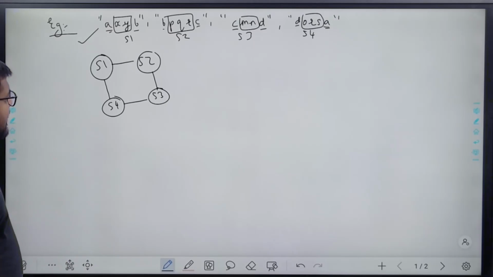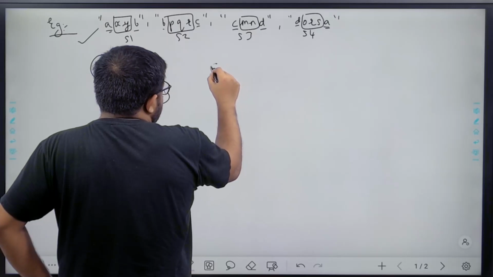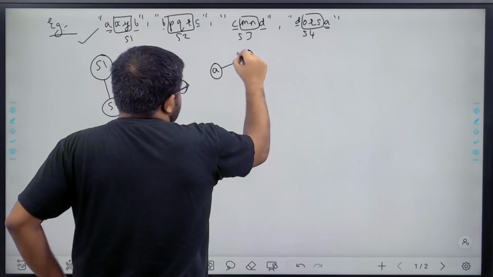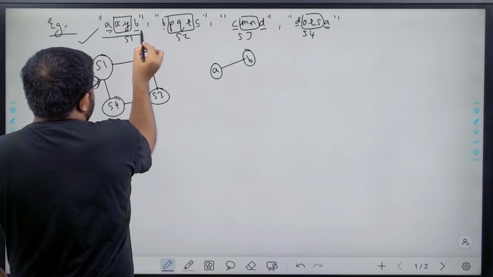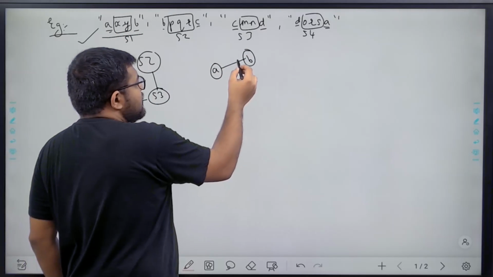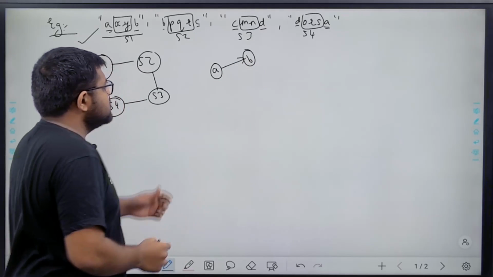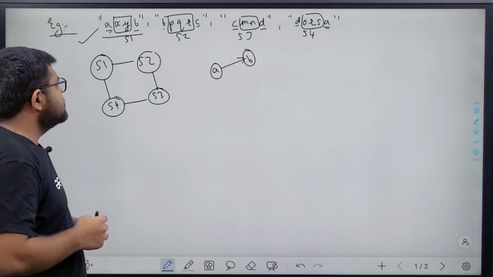Second thing, we can write the string like this. So I denoted this string like this: a to b, because A is the first character and B is the ending character.